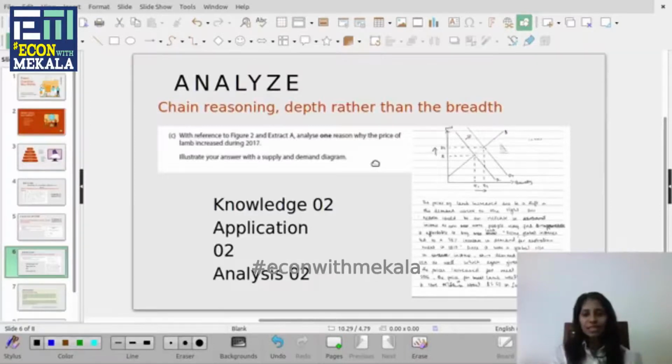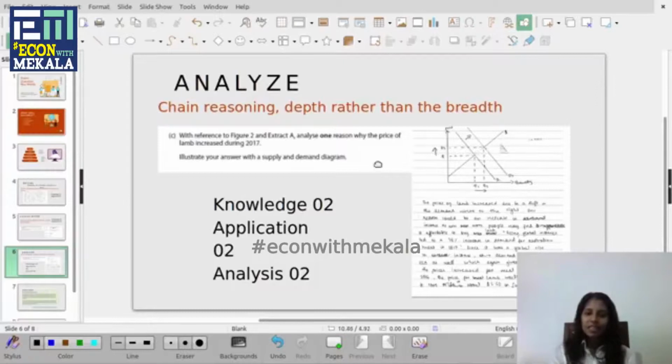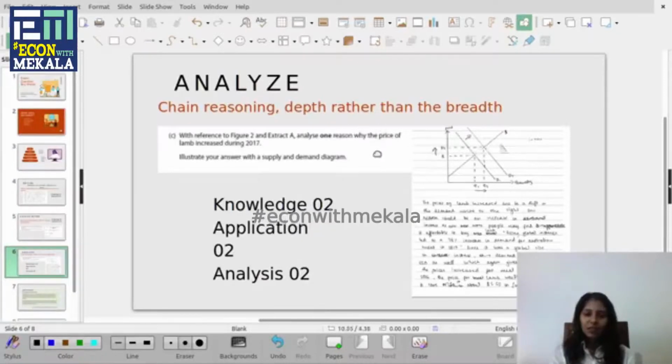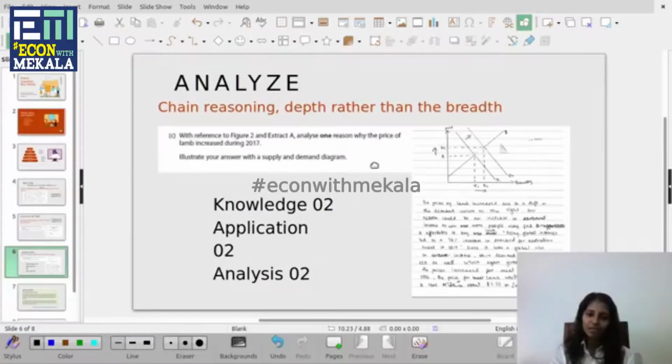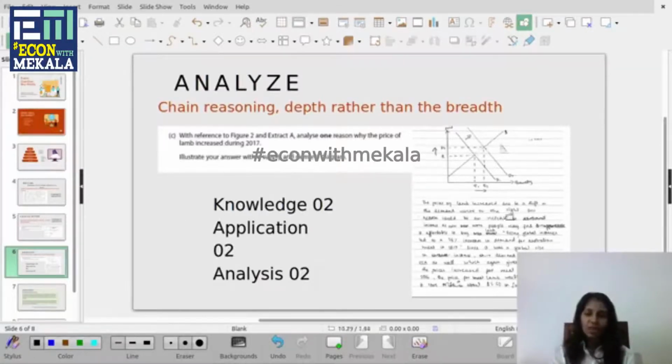Now in this, a very common mistake students make is that they think knowledge marks are given for something like defining price, or defining supply or defining demand. For those things, we do not award marks allocated for knowledge. We award knowledge marks for the graph.